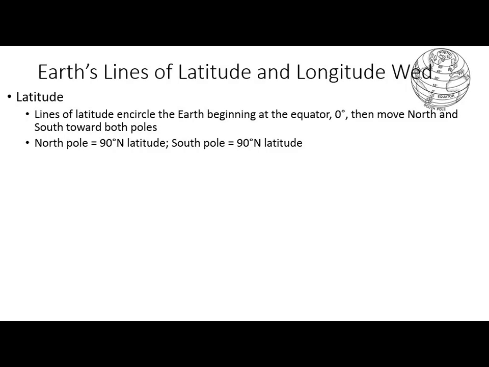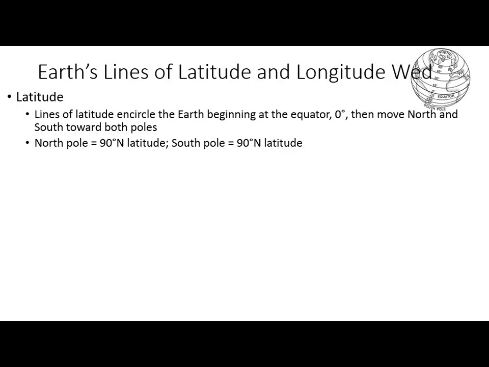So in order to kind of make sense of Earth, we need to talk about longitude and latitude. You've probably run into these terms before. They kind of make little crosshairs so you can say where you're at on the Earth. Latitude are these circles that go all the way around the Earth, starting at the equator.